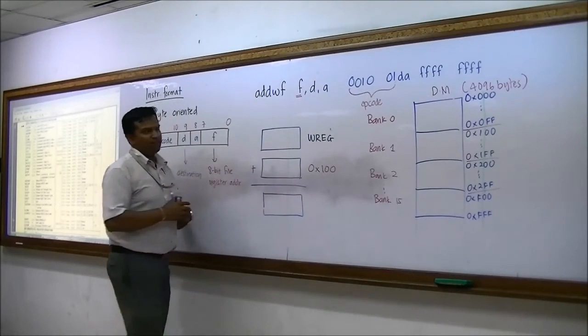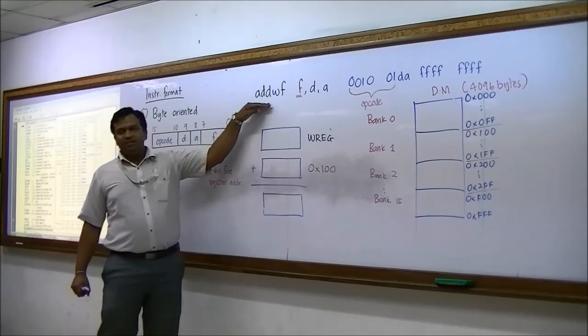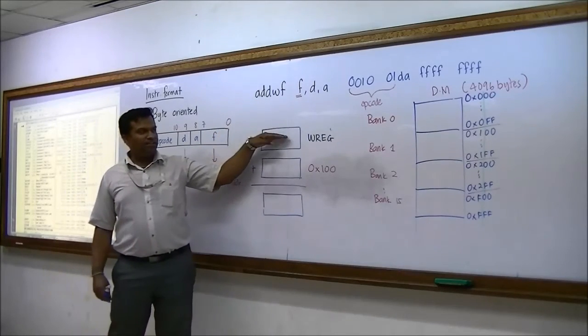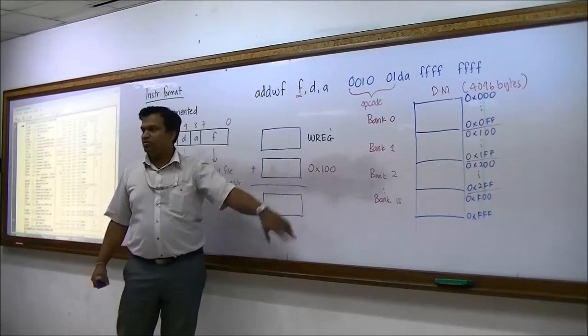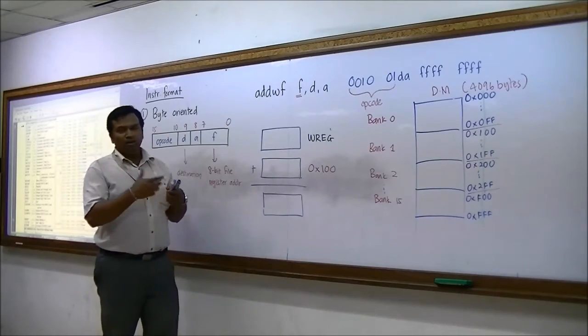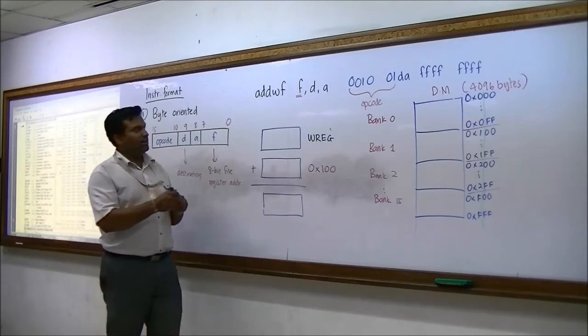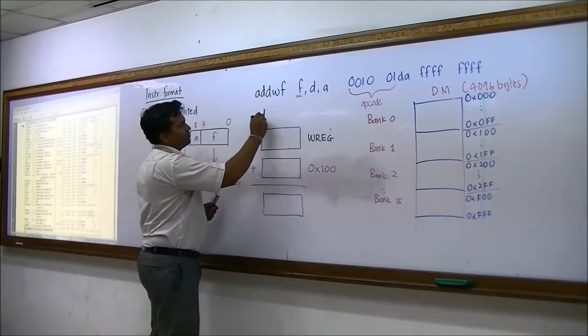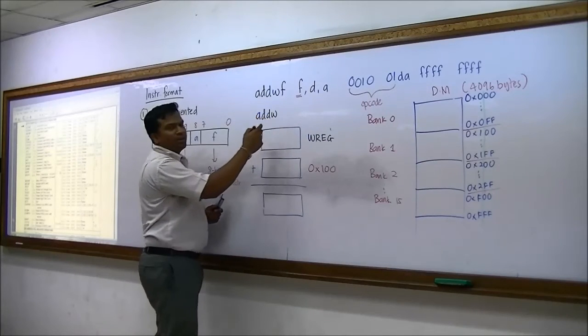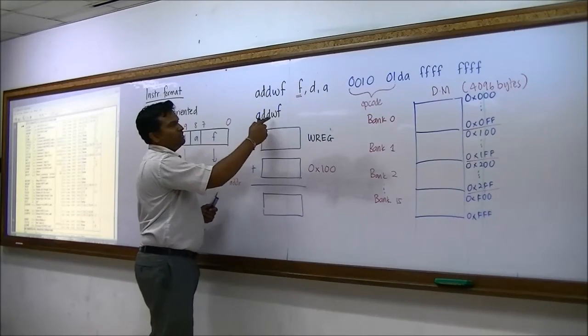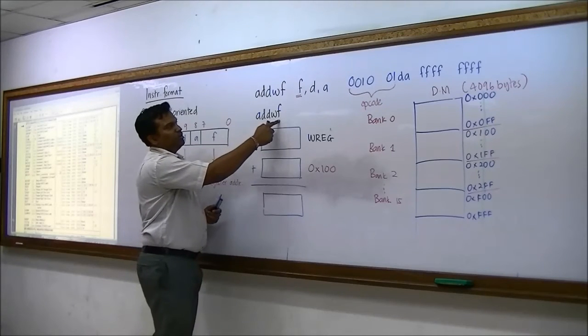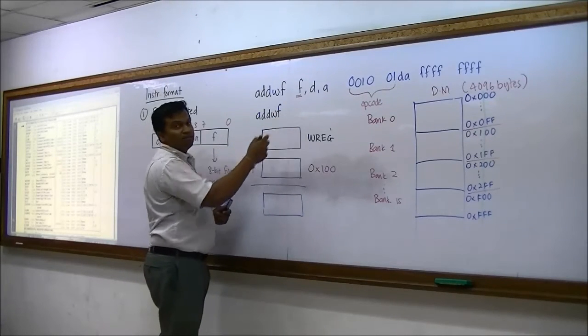Coming back to this, we are still on the same subject of adding the working register to hex 100. When you write this instruction, you have to write it as add the content of the working register to the file register. This address is known, this is not known. So what is the address of the file register?